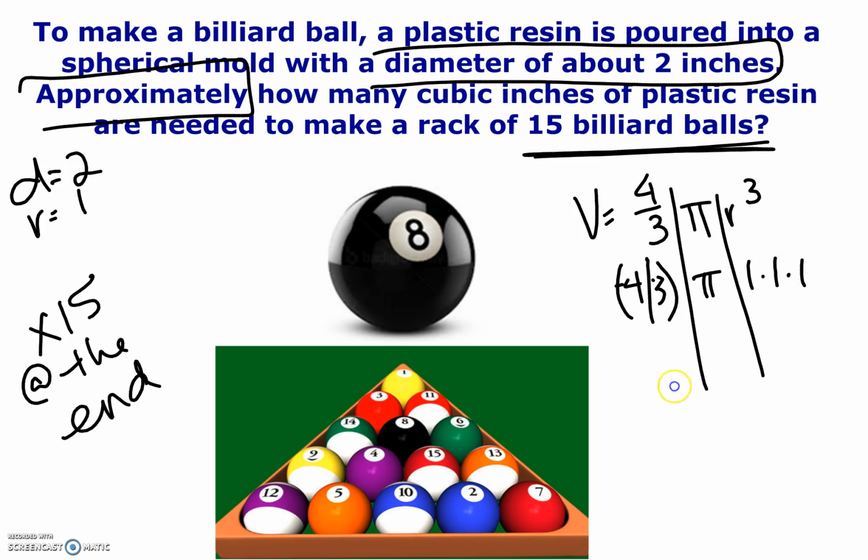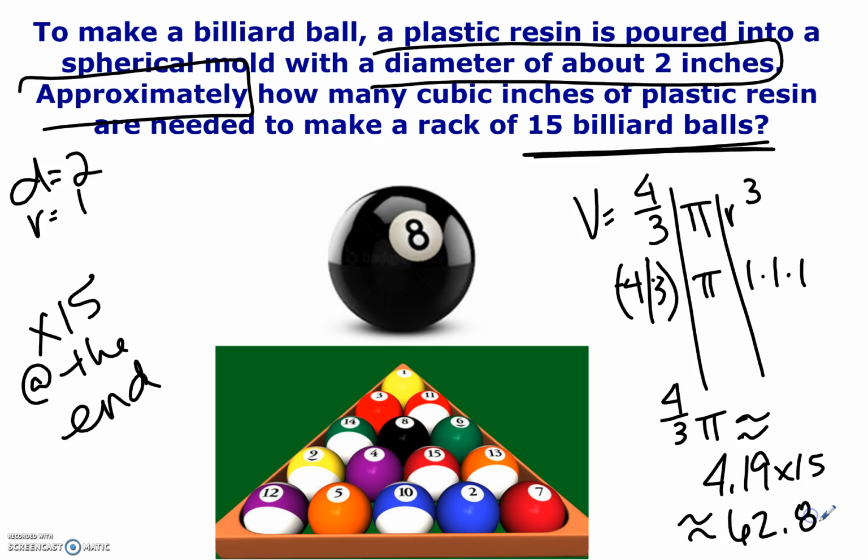So you're going to have 4/3 pi, so that's going to equal about 4.19, but then I need to multiply that by 15, and you should get about 62.8. Yours might be a little higher because of the pi button. Now, we are done.